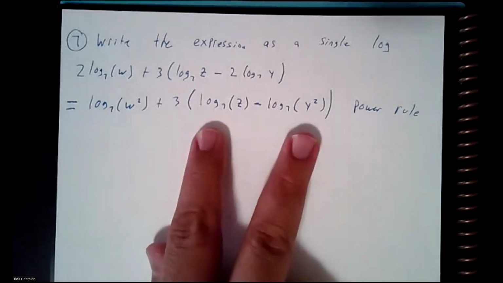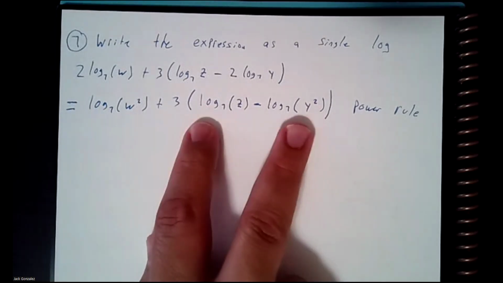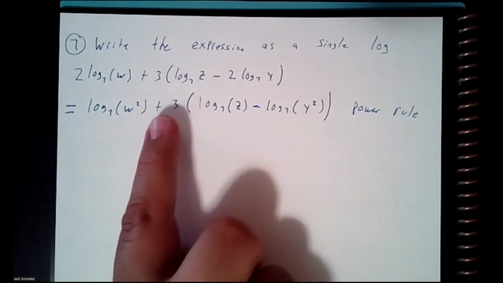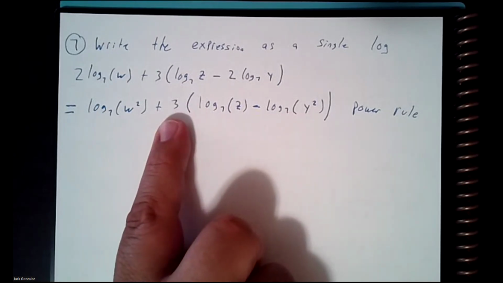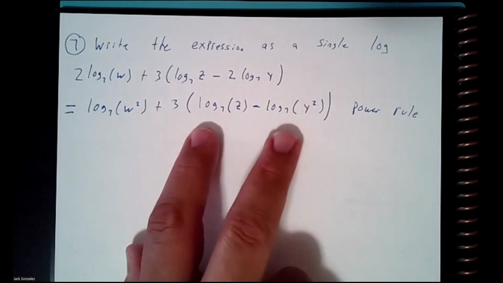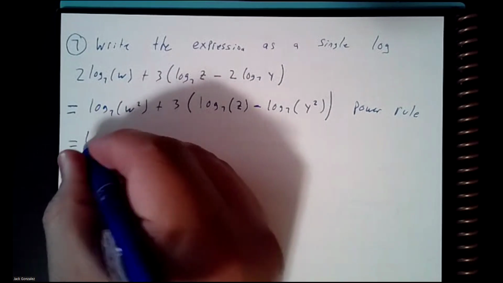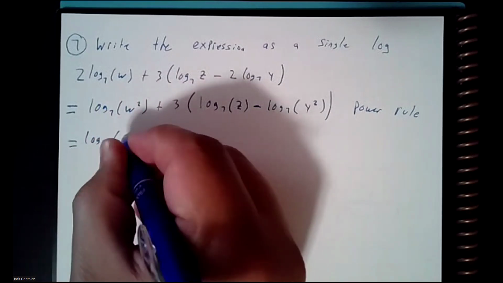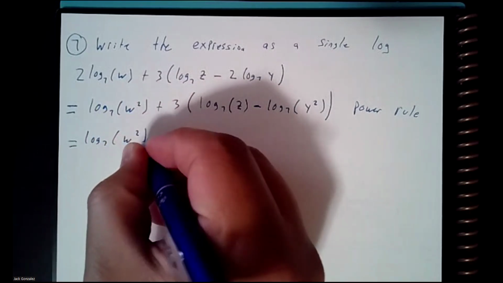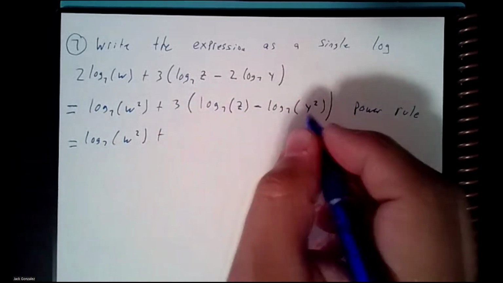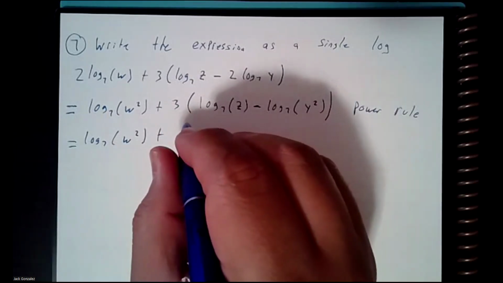Okay, so now you see subtraction inside. So what can we do with subtraction? I can't deal with this 3 just yet. This is better to deal with this first. And I guess you could distribute 3, but I recommend dealing with everything inside first and then deal with 3.